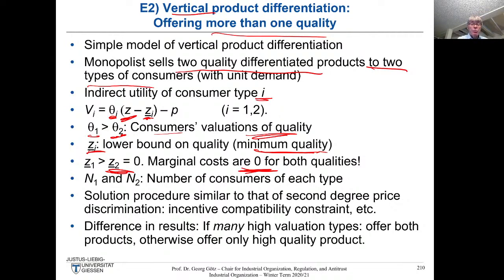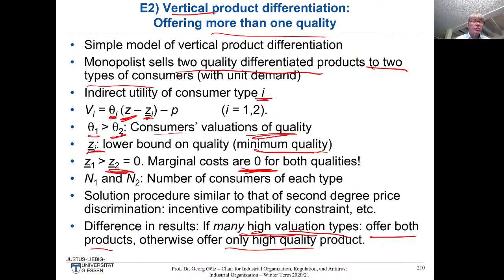Remember, in second-degree price discrimination, if we had many high valuation types, our result was that we only serve these high valuation types. We have then our golf club or our gourmet restaurant, which has very high prices and serves only the high valuation type. Here it's different, because if we have many high valuation types, we offer both products, but otherwise we offer only the high quality product. Why is that?